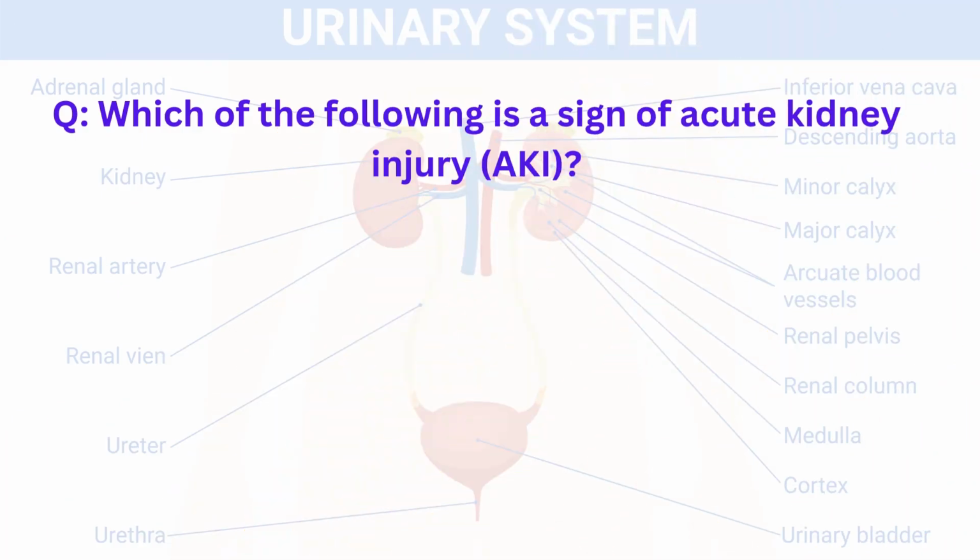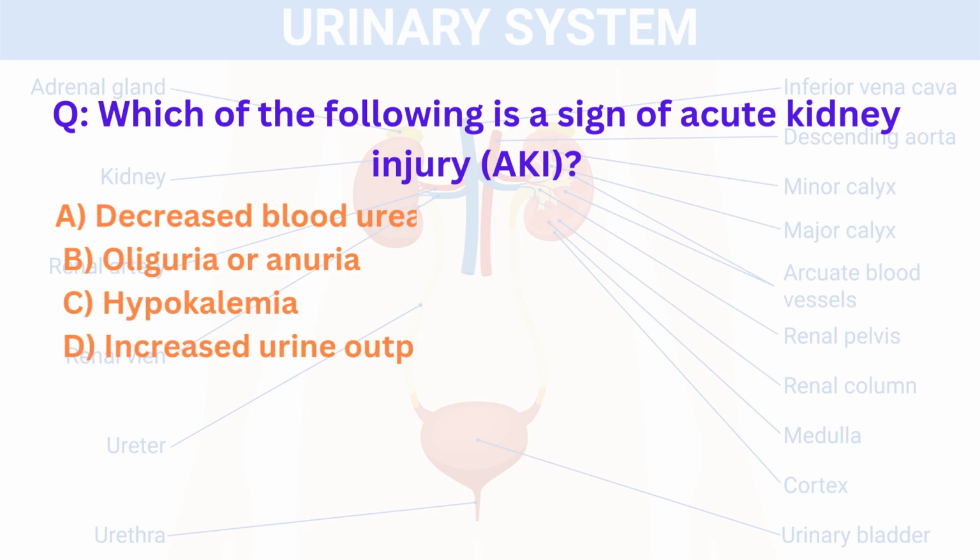Next question is, which of the following is a sign of acute kidney injury? Options are decreased blood urea nitrogen levels, oliguria or anuria, hypokalemia, increased urine output.